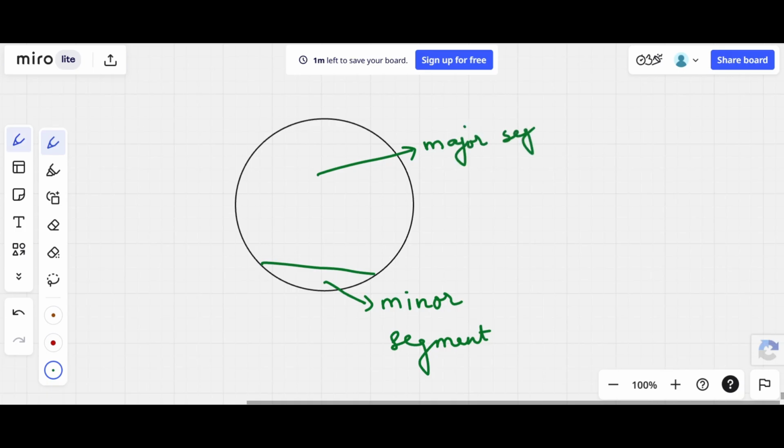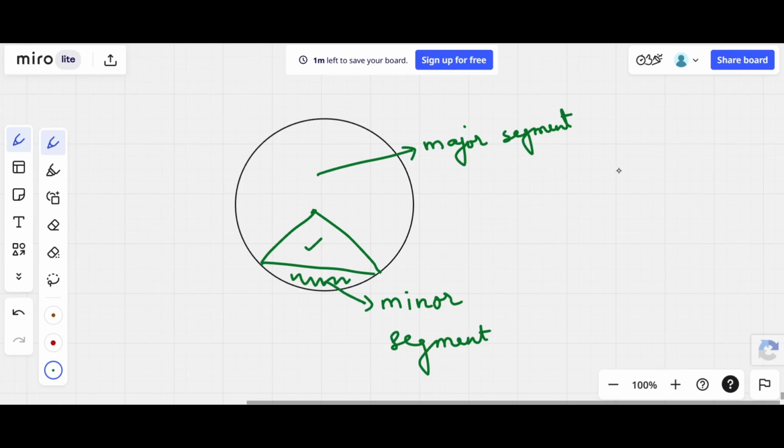Major segment, minor segment, you will have questions related to this in 10th grade. I'll just give you an example of how it will look. Now, the whole thing is what? Sector, isn't it? So to find the area of this segment, what will you do? From the sector, you will remove the area of the triangle. So those kinds of questions will all follow later.